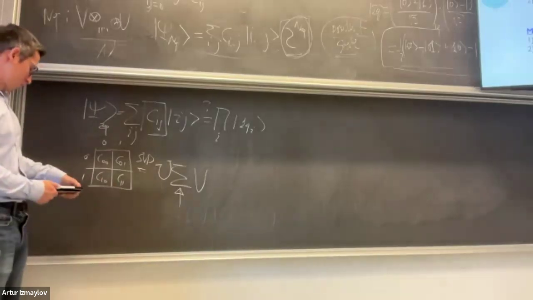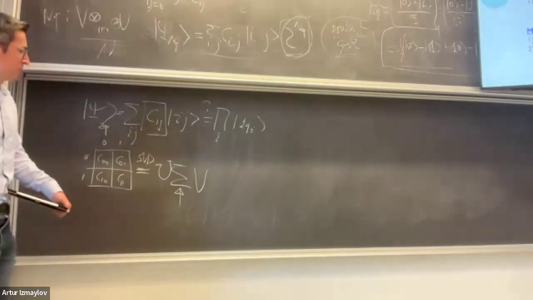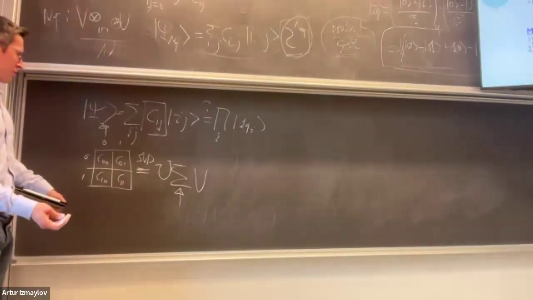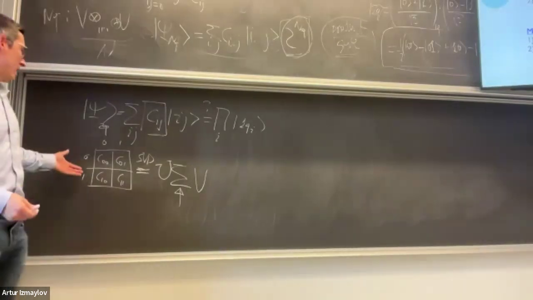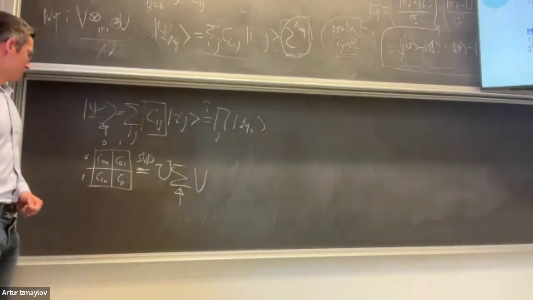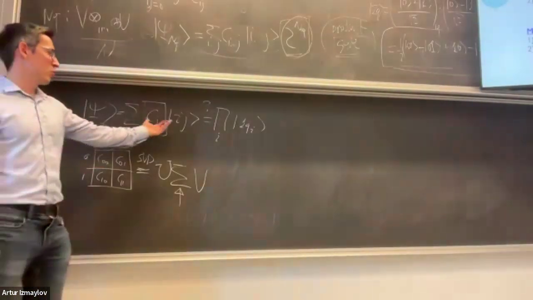But why do we talk about SVD here instead of diagonalization? It's just because SVD is a more general procedure, and we sometimes need this if we go to the more general case, 3 qubits.